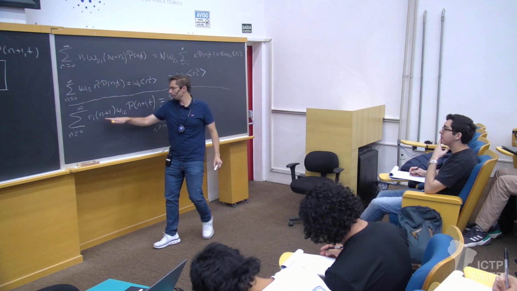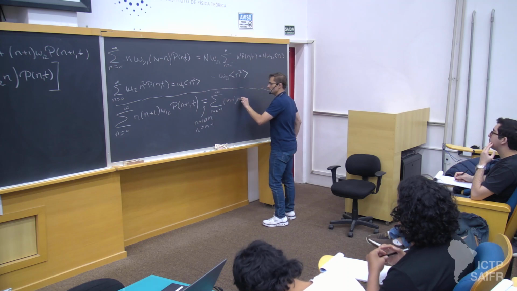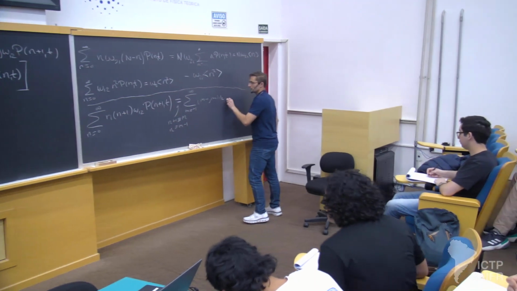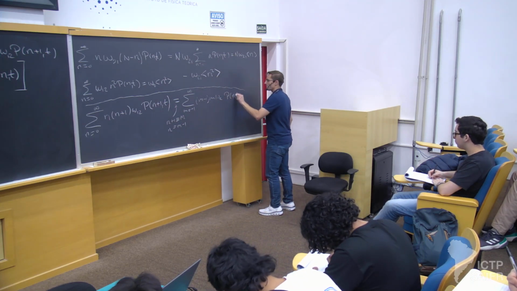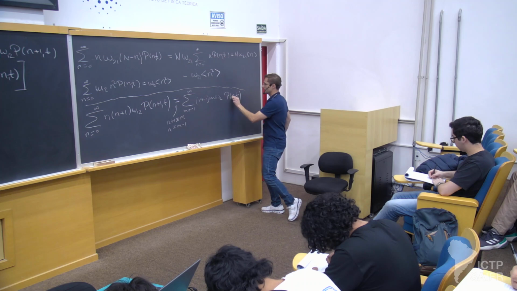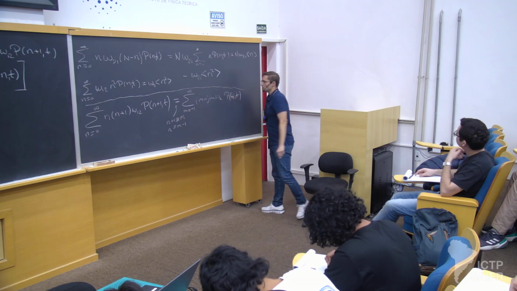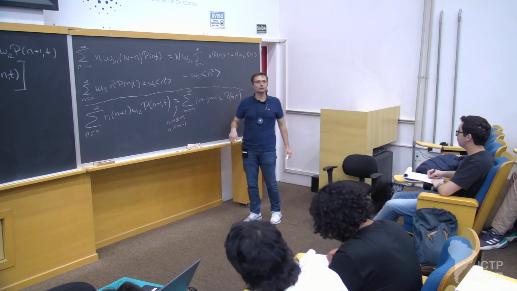And now I have n times (n plus 1), which is going to be (m minus 1) m. Omega 1,2 is a constant. And p_m(t). So now I already have p_m(t) here.